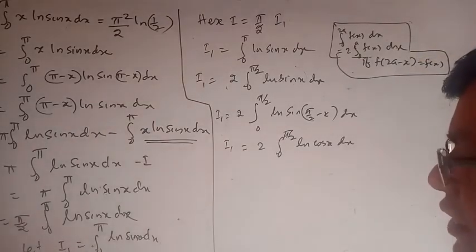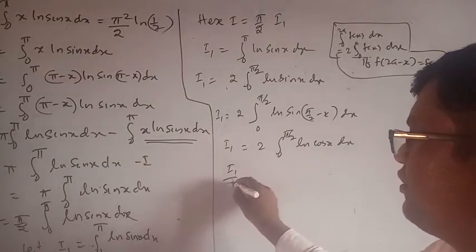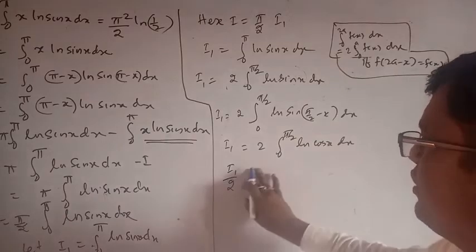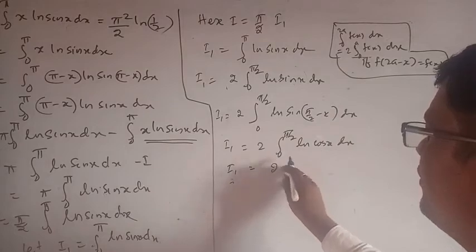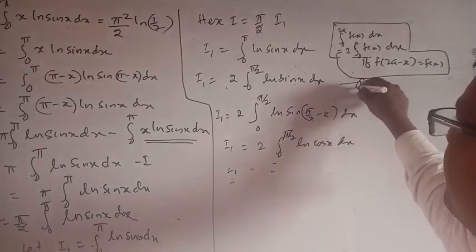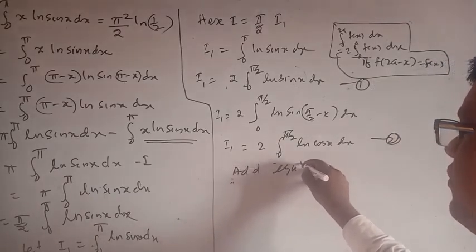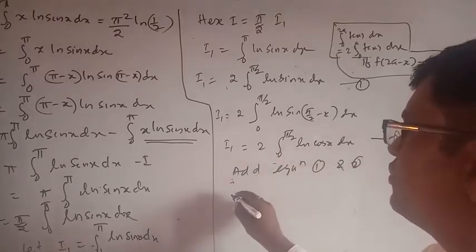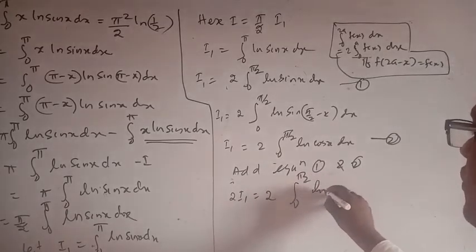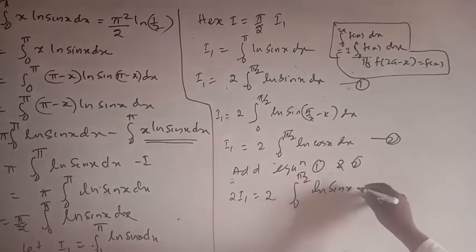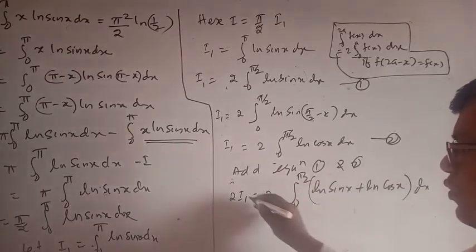Now this is equation 1 and this is equation 2. Add equation 1 and 2. So 2I1 is equal to, taking 2 common, the integral from 0 to pi by 2 of log sin x plus log cos x dx. The 2 cancels.